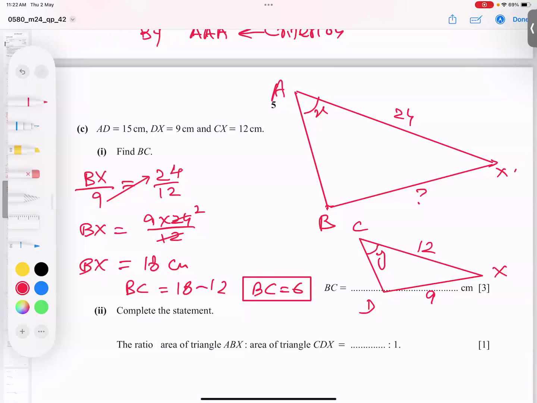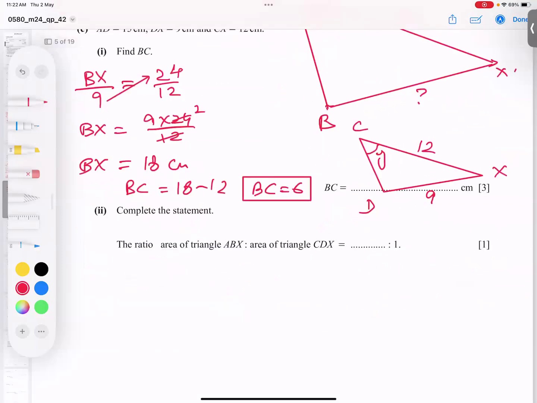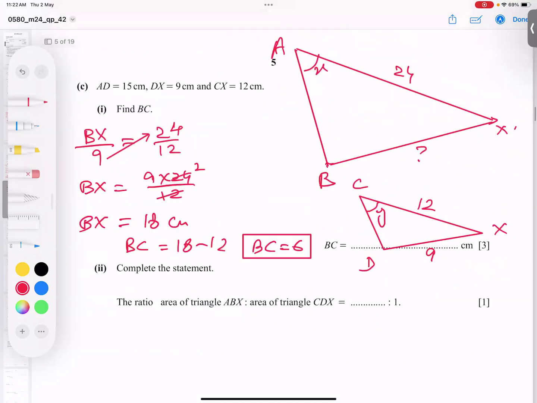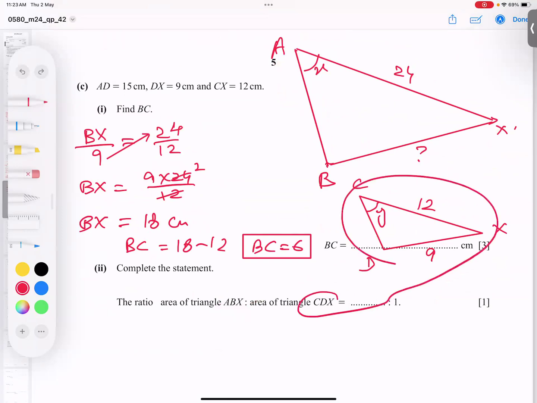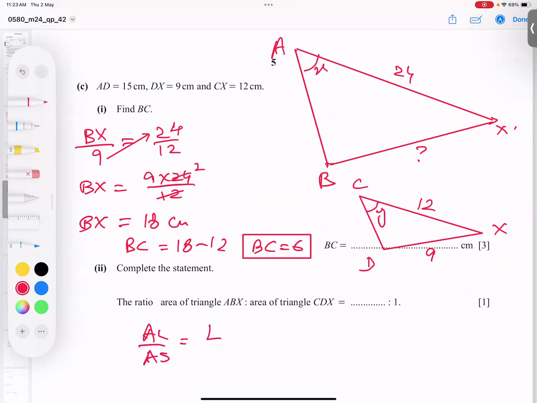Now, students, the same way, the next part: complete the statement, area of AXB. AXB is this. CXD is this. So how to find area of the large by area of small? Length of large by length of small, and put square.